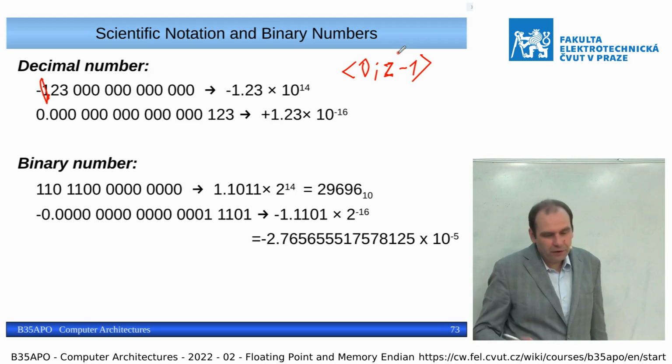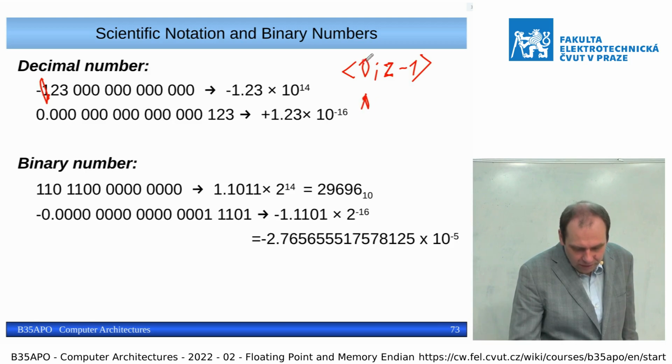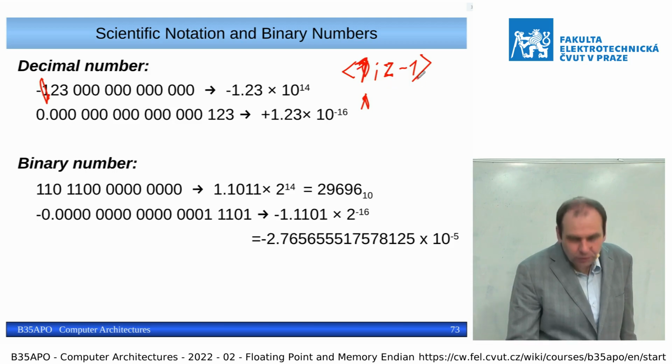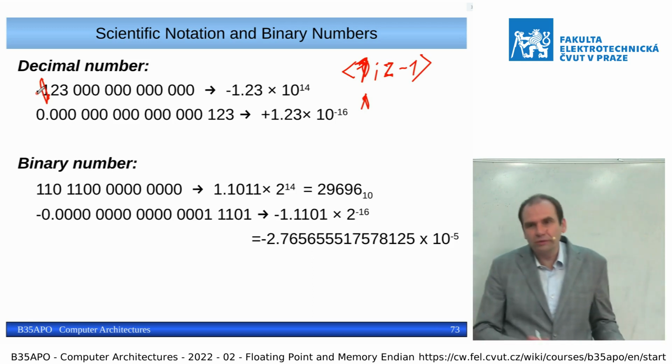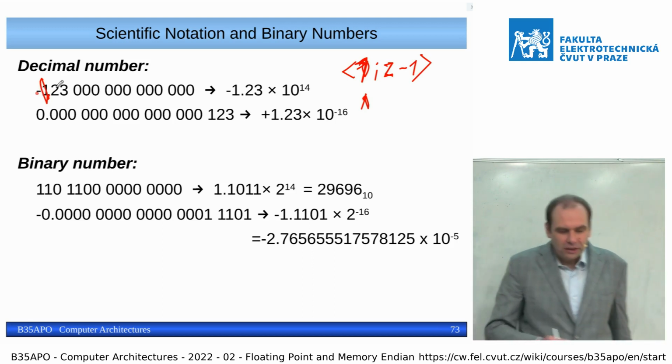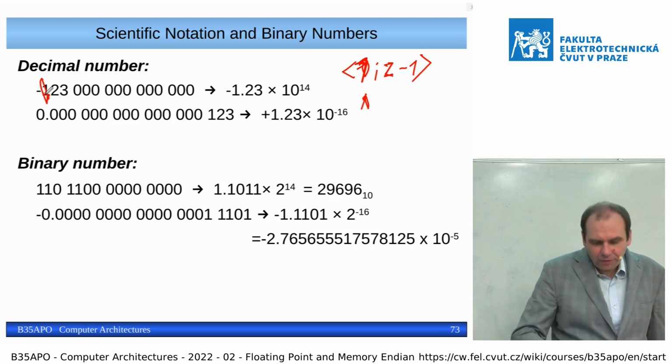If we have base 10, it is 9. But if we have base 2, then it has to be a 1, from 1 to base minus 1. So for scientific notation, the first digit before the decimal point is from 1 to 9.